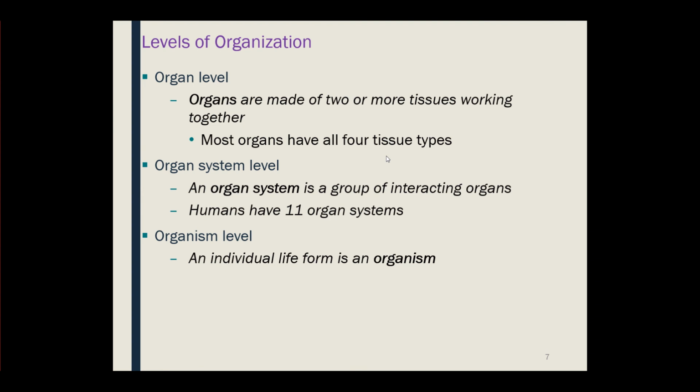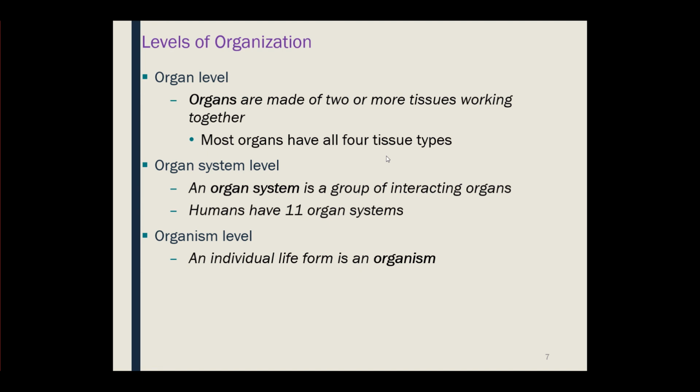Now, different organs that have similar function, they're going to form the next level known as the organ system, right? So an organ system is a group of interacting organs. And I do want you to know this, there are 11 organ systems in the body. In a subsequent lesson, we'll go over all of the 11 organ systems as an overview.